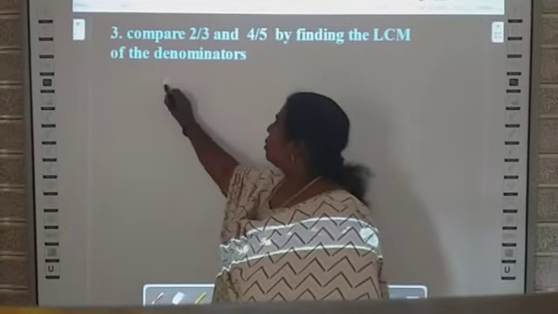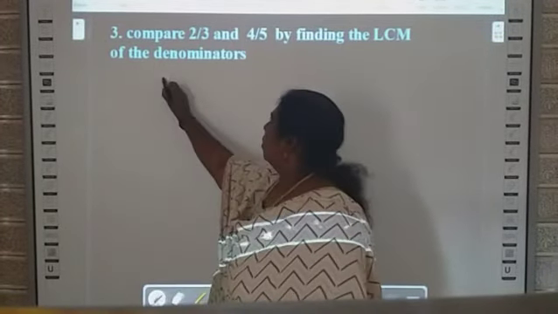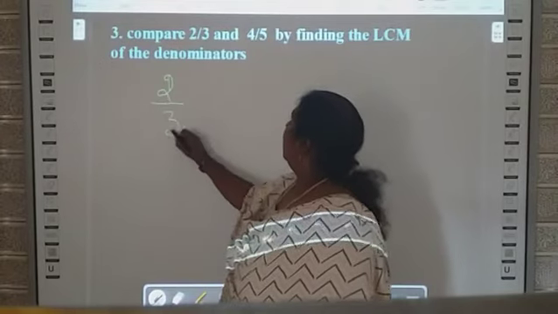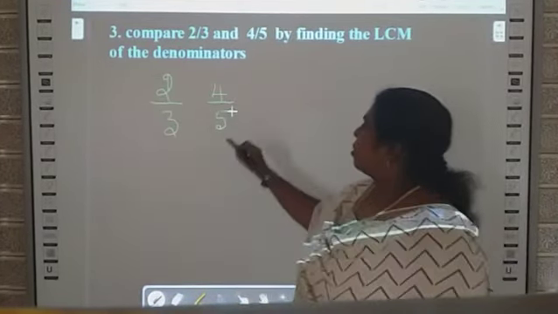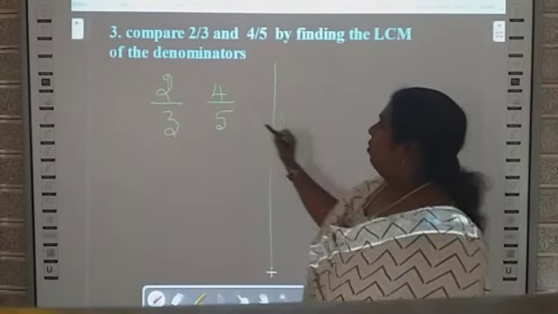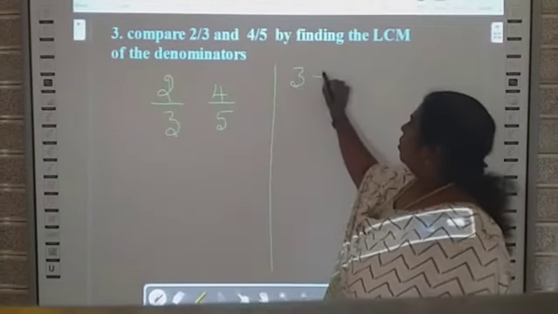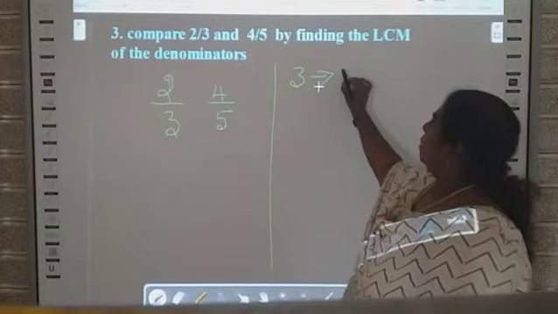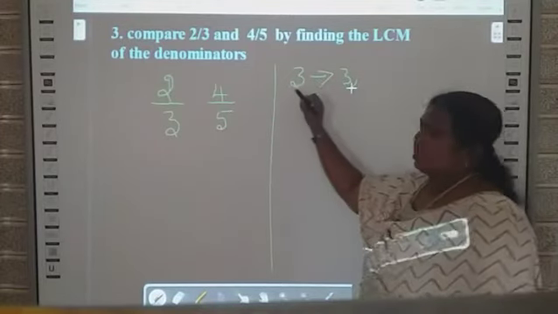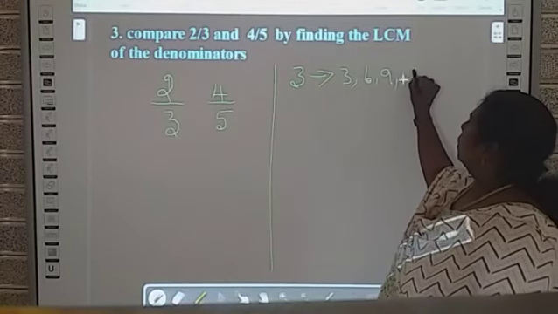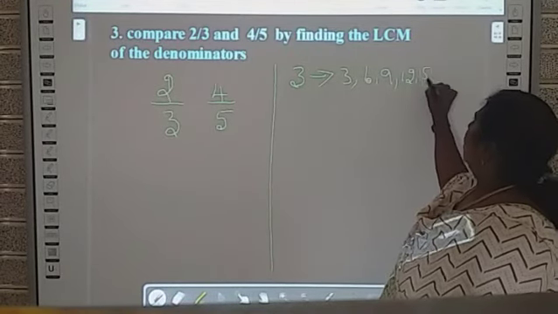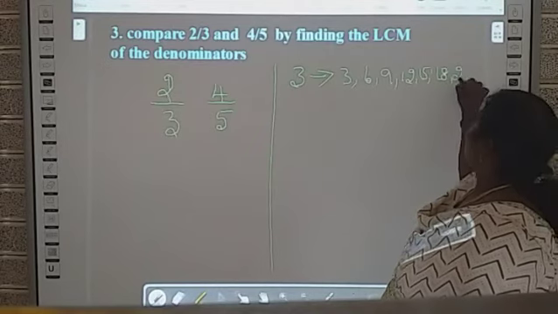First the fractions 2 by 3 and 4 by 5. So the denominators are 3 and 5. Multiples of 3: 3, 6, 9, 12, 15, 18, 21.